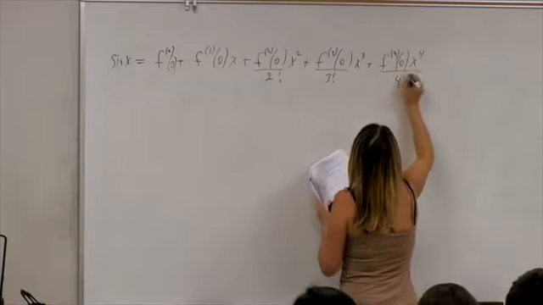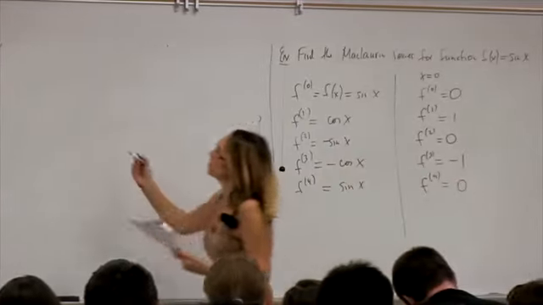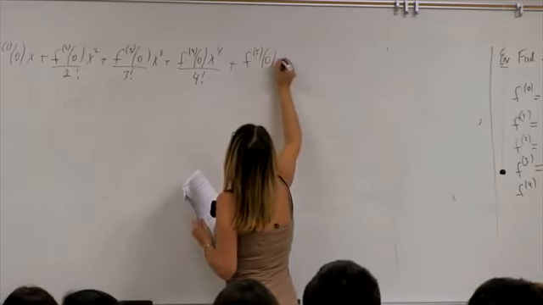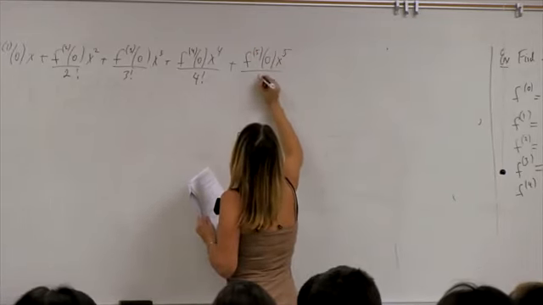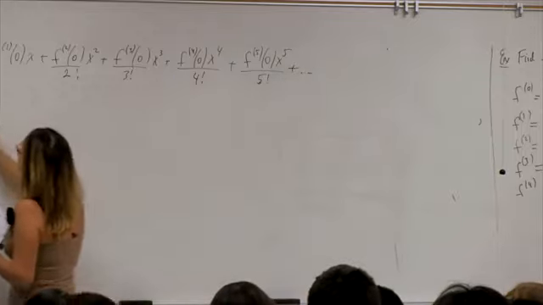This is the general expansion. Here I haven't put any information about the derivatives yet. I'm going to do it in a second. Let me just go to the fifth term, x to the fifth over 5 factorial, right? And so on. Now we are going to populate it.